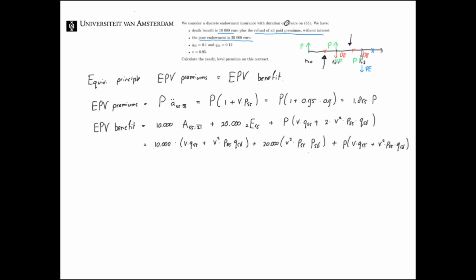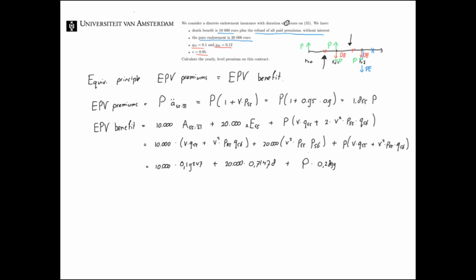Now plugging in all the values from here and noting that p is of course 1 minus q, we obtain that this is equal to 10,000 times 0.19247, and this is 20,000 times 0.71478, and this is equal to P times 0.2899.